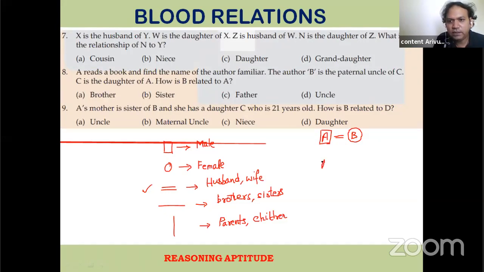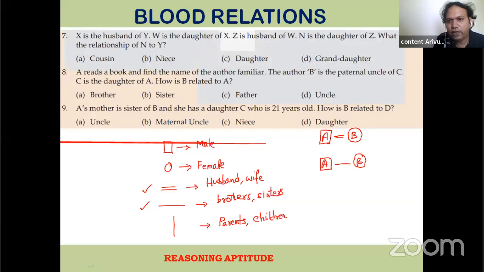If I write like this, a horizontal line, B. Now horizontal line is for brothers and sisters. So A is the brother of B, B is the sister of A. That is what is the meaning of this horizontal line. Okay, the square is for male members of the family and the circle is for female members of the family.